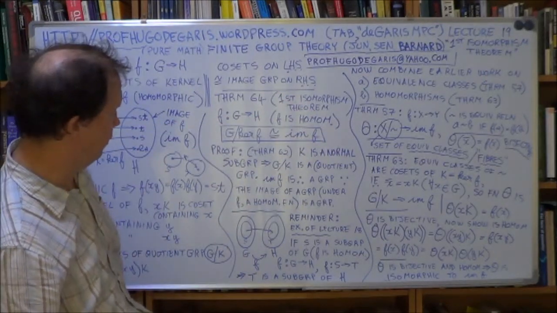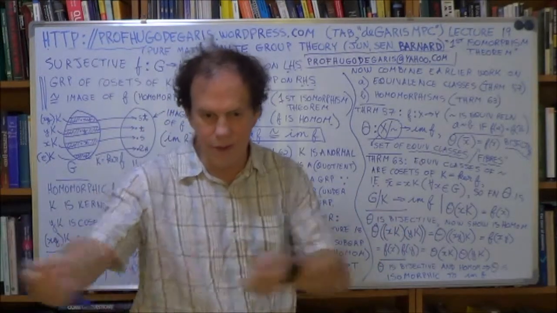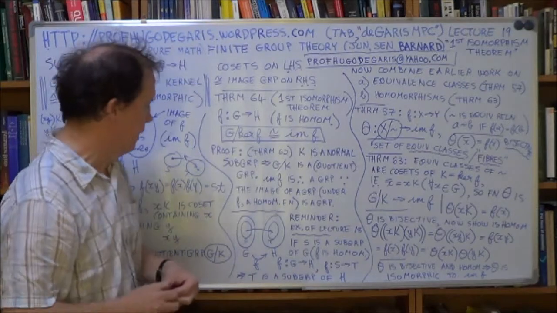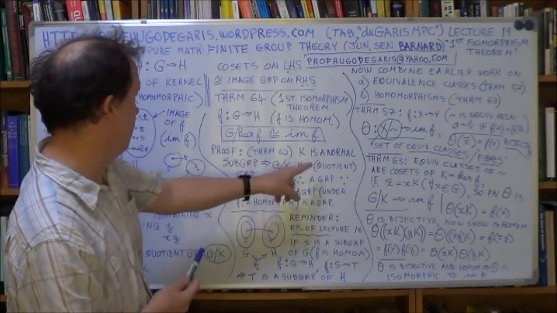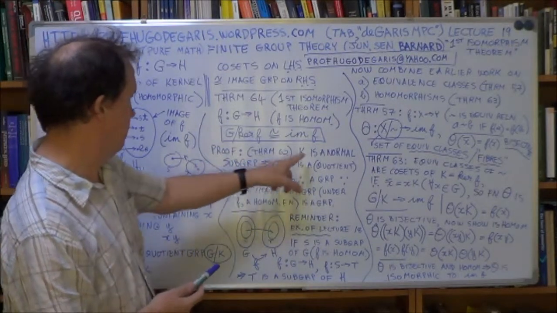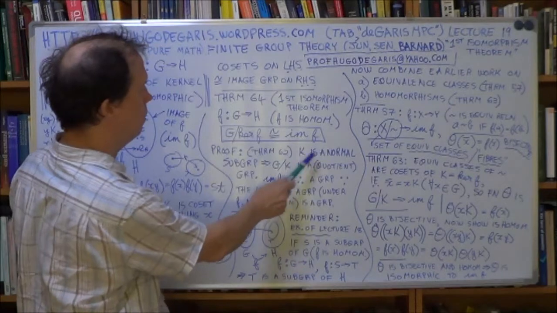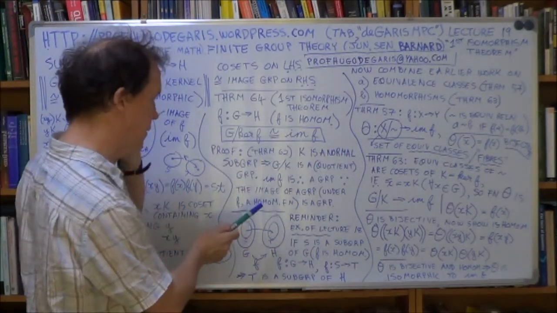Now we start the proof, and we will again pull in various strands of theory from the past. So we know that the kernel is a normal subgroup. Proved that in the past.